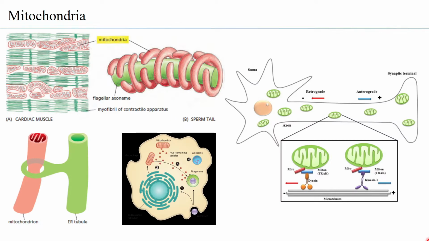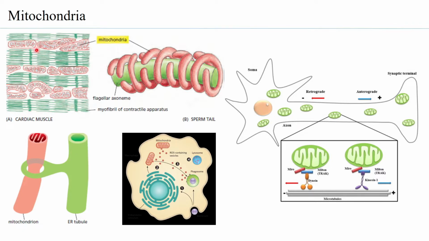As mentioned earlier, mitochondria can be present in several different forms. The most common way by which one generally draws a mitochondrion is bean shaped, with a double membrane, and the inner membrane is convoluted. But what is interesting to note is that depending on where the mitochondria are present, they vary.